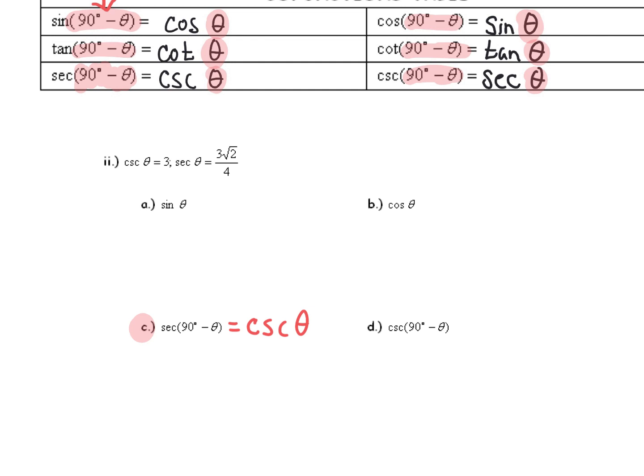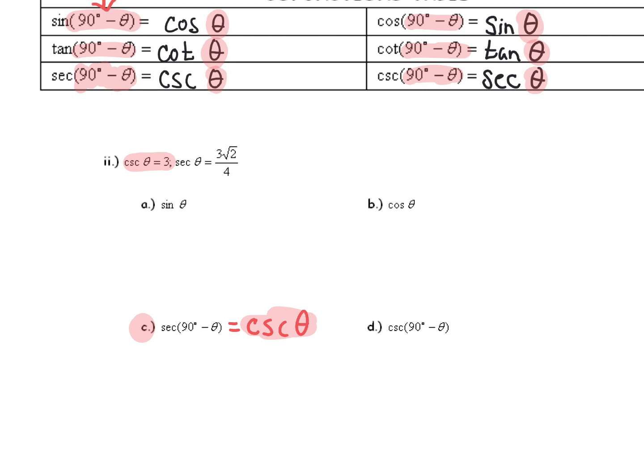And then conveniently, they actually give this to me in the prompt. They tell me, hey lady, the cosecant of theta is 3.